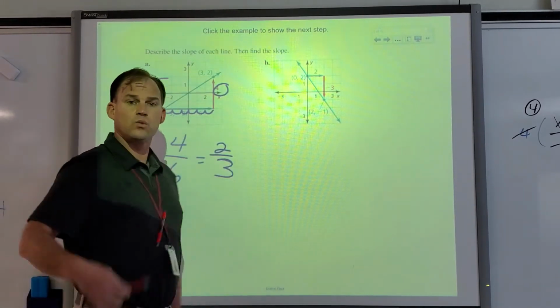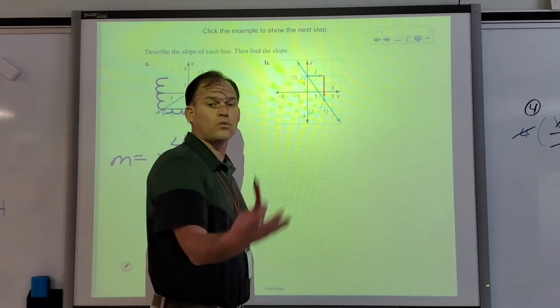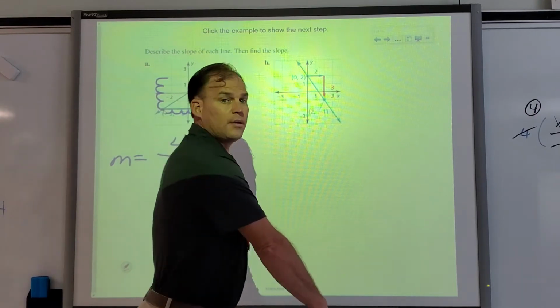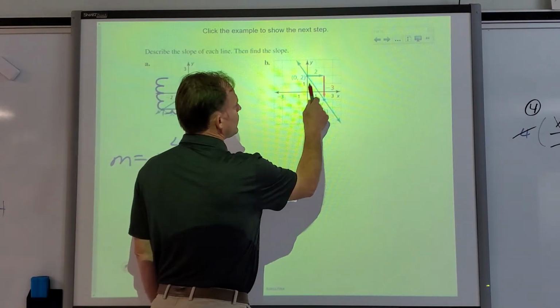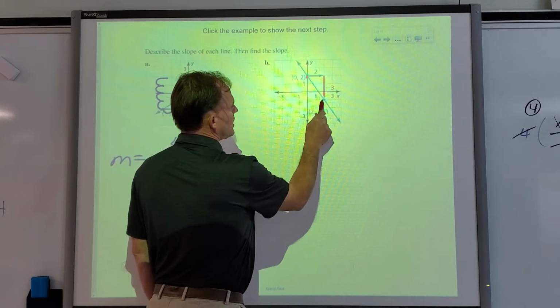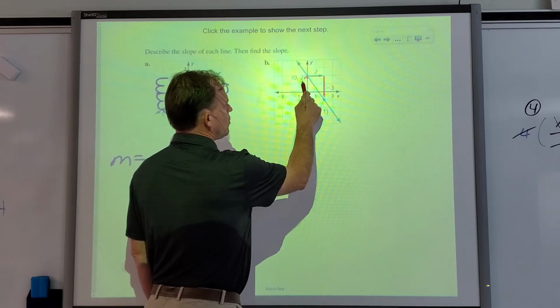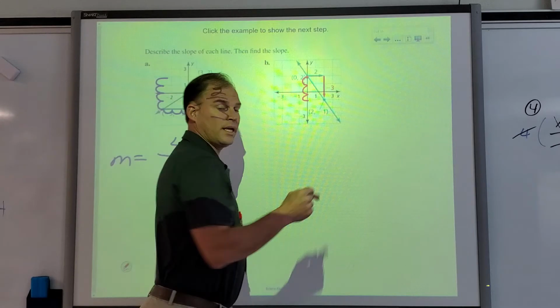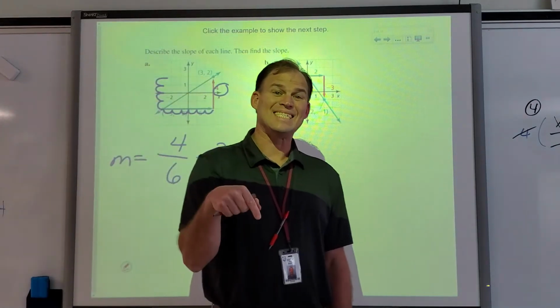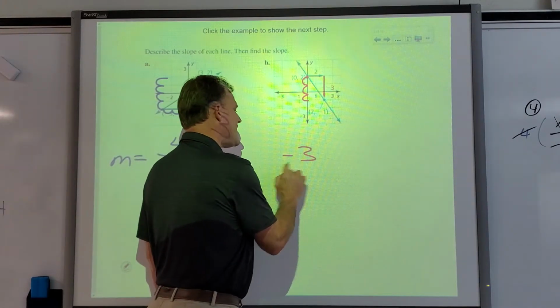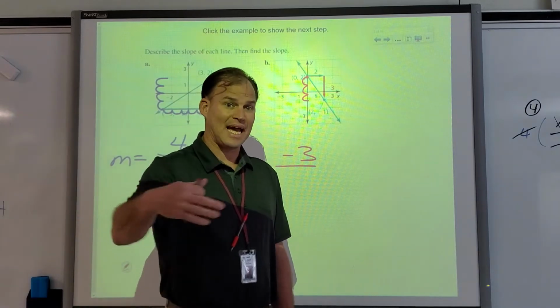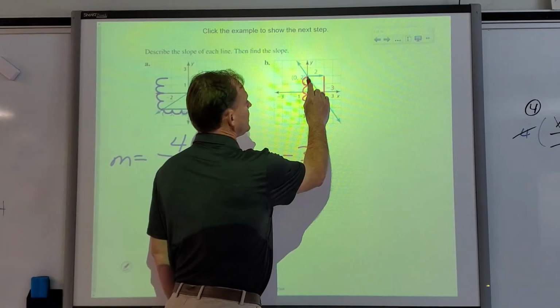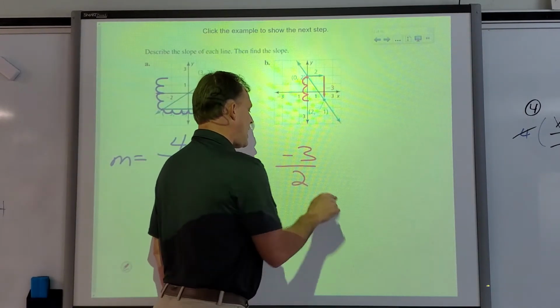Conversely, I come over here. What's the rise here? Well, it's not a rise, it's falling, but we still call it the rise. So I go from this point to this point. It's going 1, 2, 3, but it's going 3 down. So that's a negative 3. And then the run, 1, 2, positive 2.